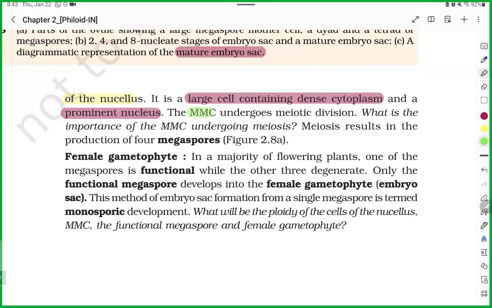So the megaspore mother cell undergoes meiotic division. And what happens in meiotic division? One megaspore mother cell will produce four cells. The four newly formed cells are known as four megaspores.